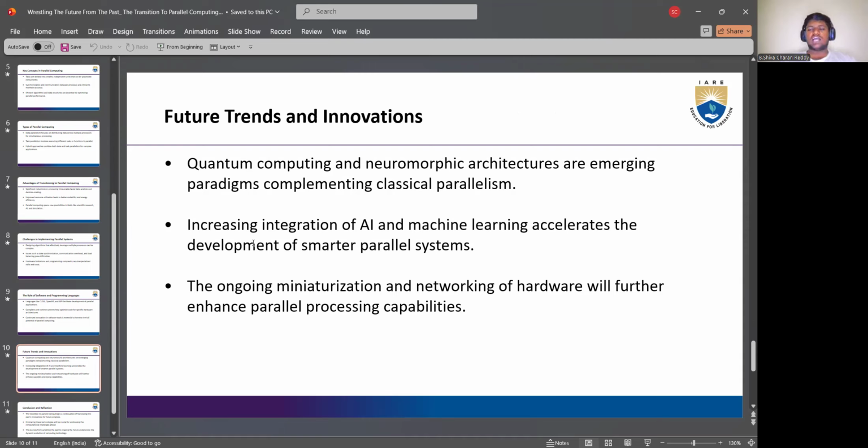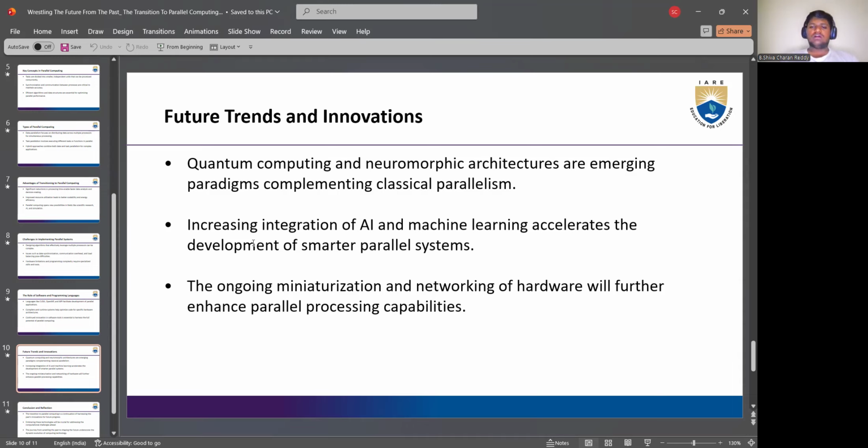So, as we talked about earlier, the quantum computing trend is now increasing very much, and these emerging quantum computing paradigms can help in implementing and complementing this parallelism in the future very easily. The increasing integration of AI in current systems is being implemented in almost every device, every mobile phone, every smart device, etc. This accelerates the development of parallel systems.